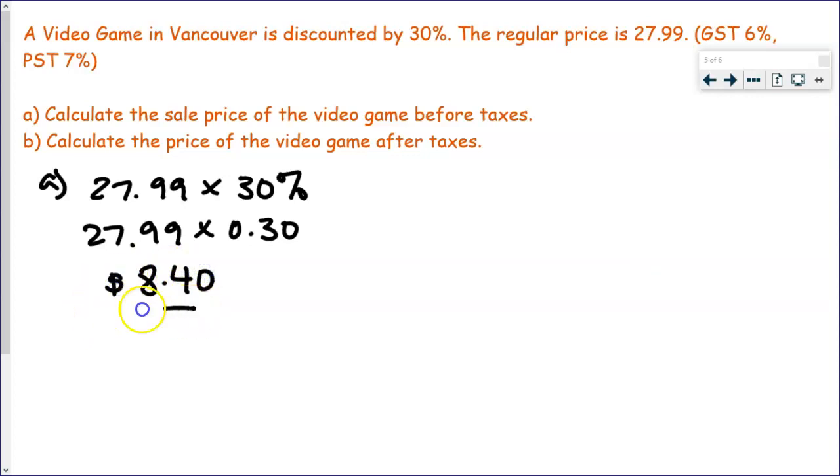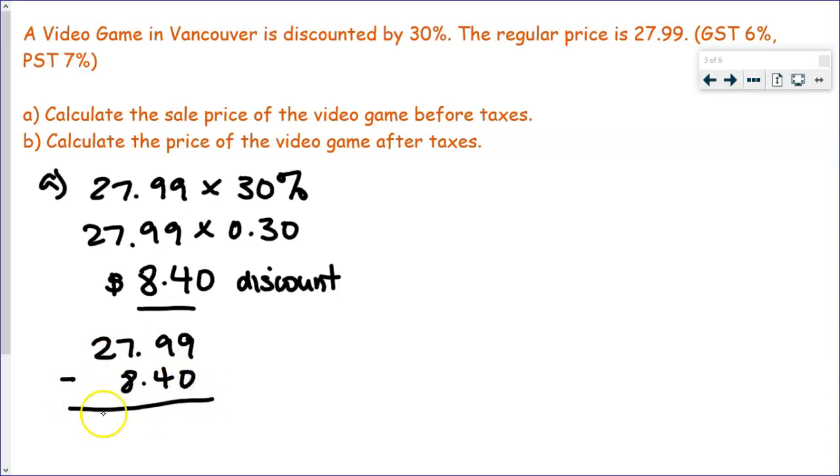So that's the discount. That's the amount of money that comes off the original price. So let's go back to the original, subtract that $8.40, and we're going to get $19.59. So that's how much the game cost before tax with that 30% discount.